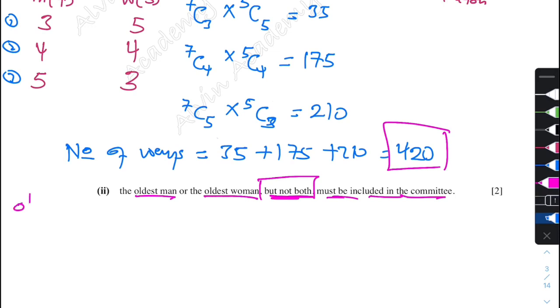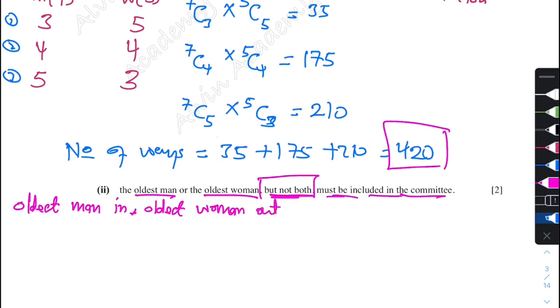It's possible that the oldest man is on the committee, so he's in, and then the oldest woman is out. Or the other way around, the oldest woman is on the committee and the oldest man is out.